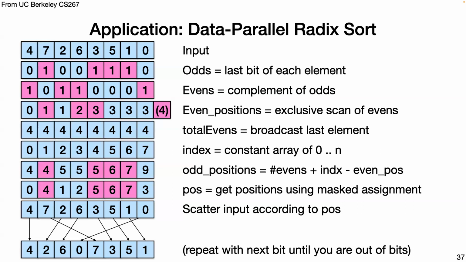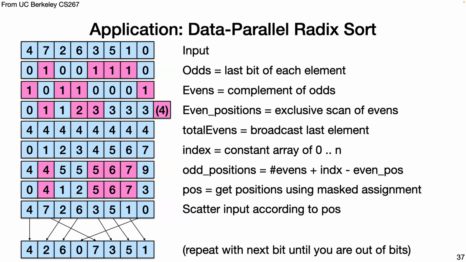Then we get a positions array, based on masked assignment. If they were even, then we just directly use the index. If they are odd, then we use the ones from the odd positions, and we do an index scatter. And that's how you do one of the bits in parallel radix sort.